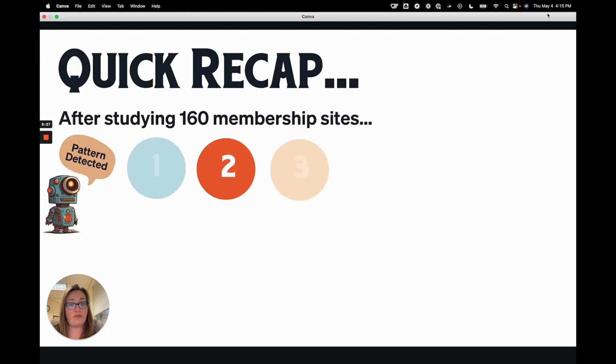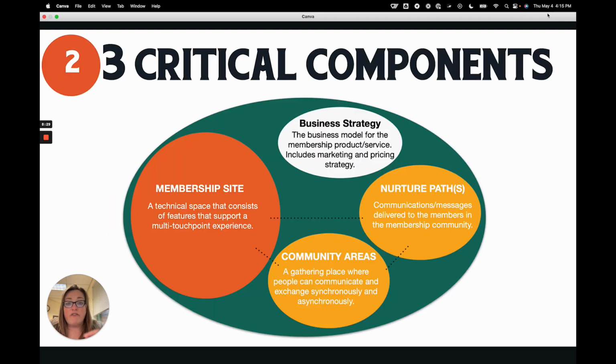The second discovery that I had was that in every single membership experience that I evaluated, I found that 3 parts were critical. Part number 1 is the main content area where people would go to consume the content. Part number 2 is community. We all, especially as adult learners, thrive in community situations, and community helps us learn.